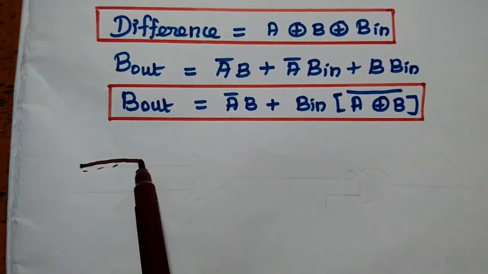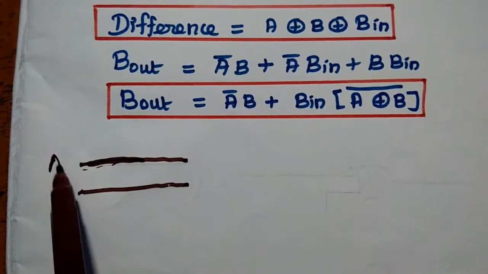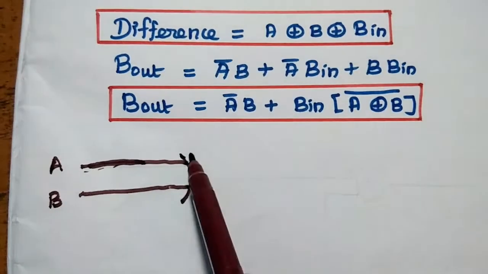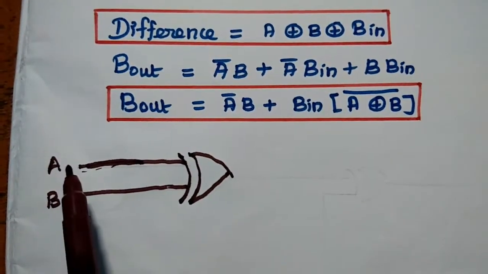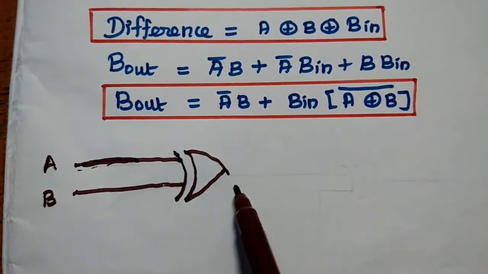Here we can have the two inputs A, B. We have to give them to an XOR gate. Both the inputs are given as inputs to the first XOR gate.